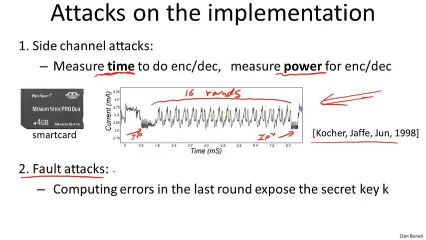It turns out that if during encryption there are errors in the last round of the encryption process, the resulting ciphertexts that are produced are enough to expose the secret key K. It's quite an interesting result that if you ever output a wrong result, that could completely compromise your secret key. So of course, the defense against this is that before you output the result of your algorithm, you should check to make sure that the correct result was computed.